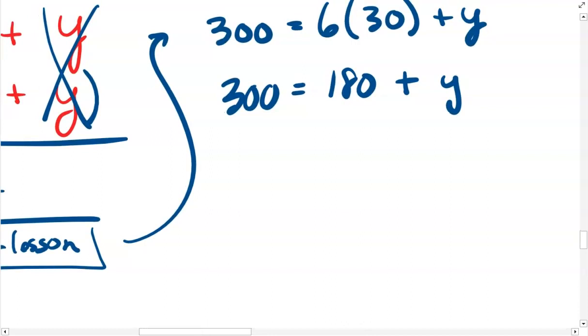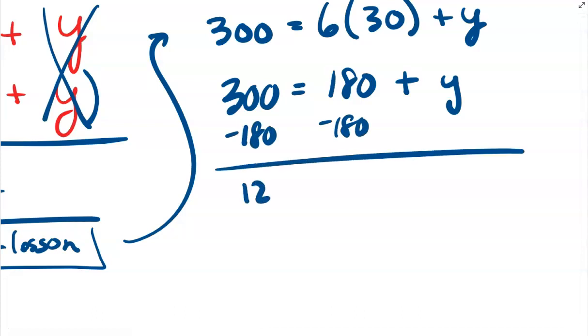Let's subtract 180 from both sides, and that'll leave us with $120 representing our y value. So the cost per lesson is $30, and the cost for the fee is $120.